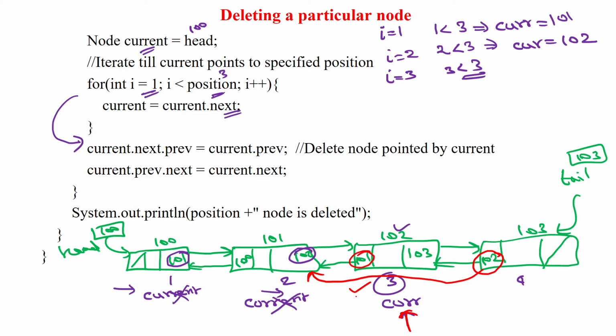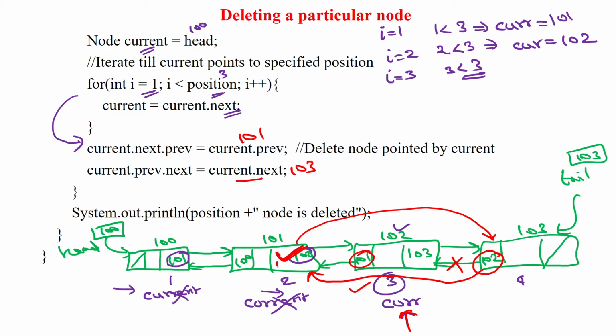So current dot previous is 101. Okay, 101. So this link has to be established. So this link is established, so this is broken now. Then current dot previous dot next, this position has to be established. Current dot previous dot next should be updated with current dot next, 103.